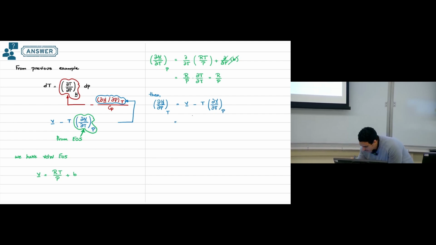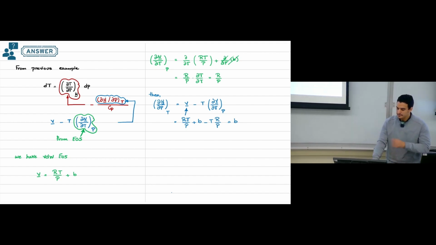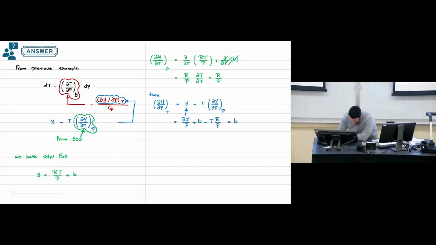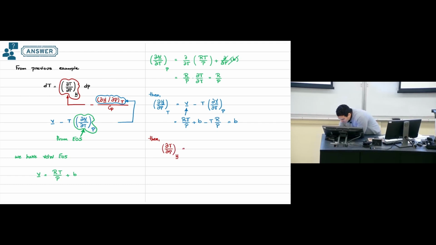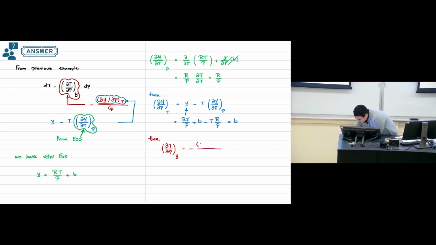Put all the data we have: from the van der Waals equation of state, RT over P plus B, minus T times R over P. So this will be equivalent to B. Then we have dT by dP at constant H, which is negative dH by dP at constant temperature divided by Cp, so this will be negative B over Cp.